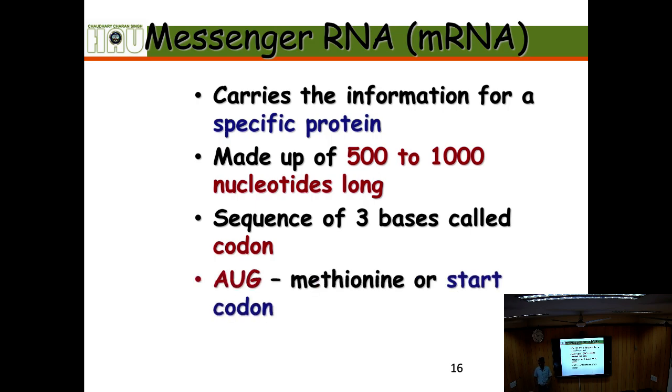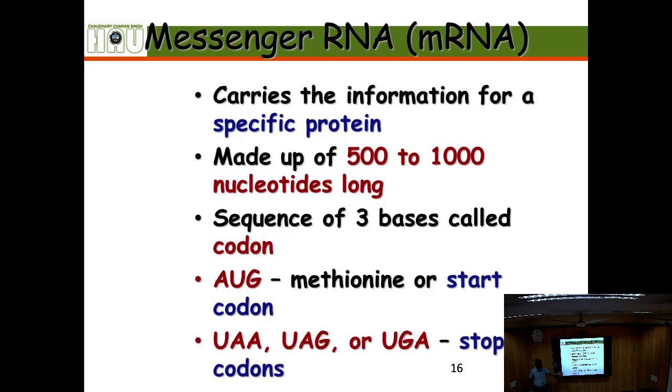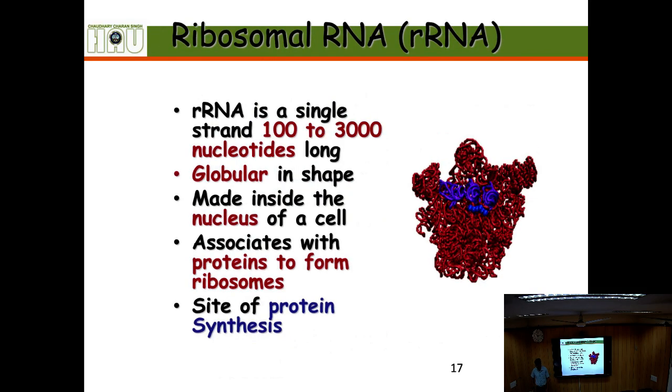The sequence of three nucleotide bases in the mRNA is called a codon. For example, AUG codes for methionine, the start codon, and UAA, UAG or UGA are the stop codons.